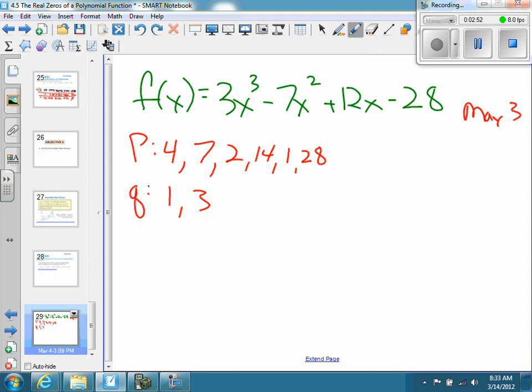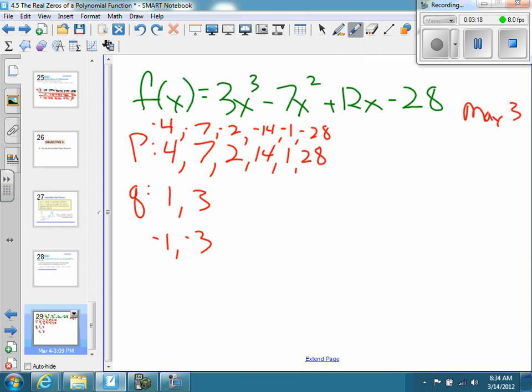So actually, a good way to do this would be to write it above it. So minus 2, minus 14, minus 1, minus 28, and then here I'd have minus 1, minus 3. So those are all my possible factors of P and Q.